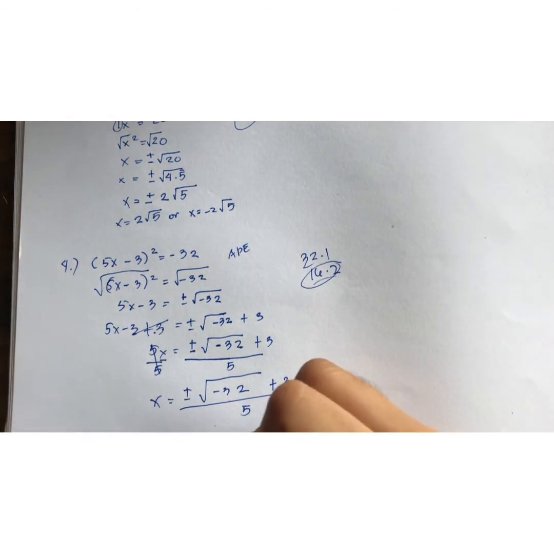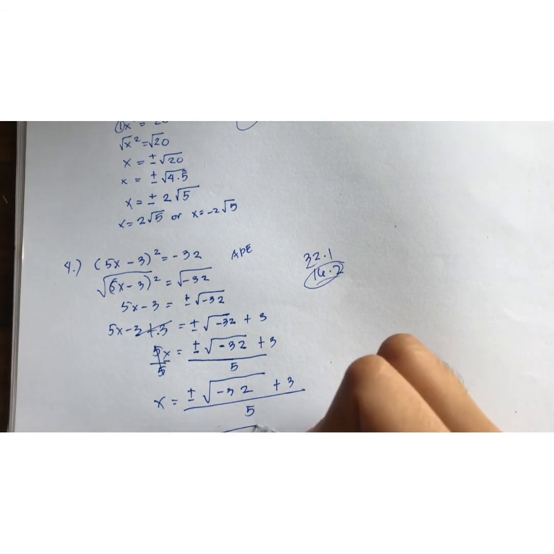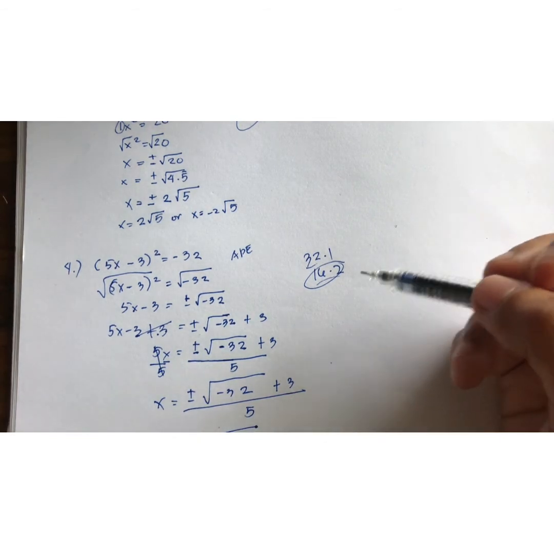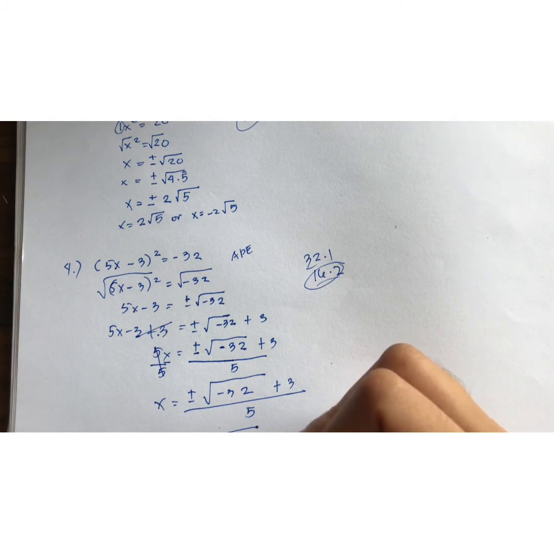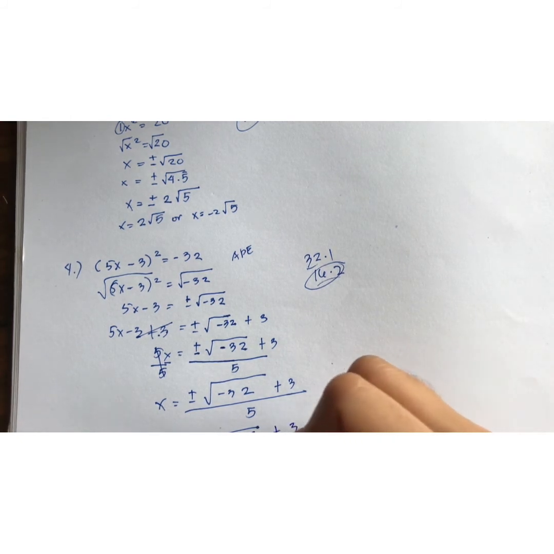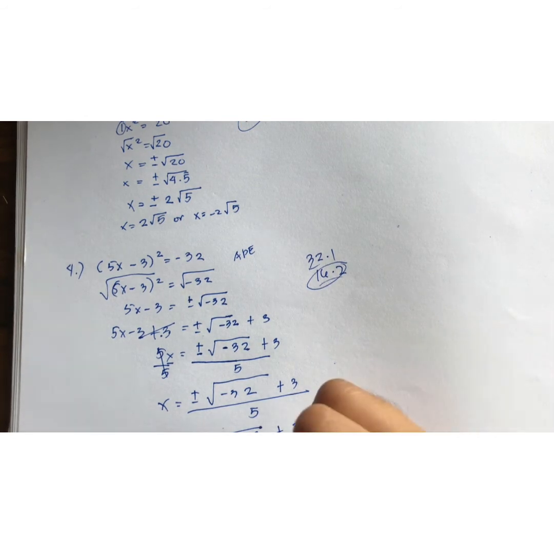So, we have in here, x is equal to positive. So, since negative man siya, ang isa ka factor is positive, ang isa is negative. We have 16 times negative 2 plus 3 all over 5.